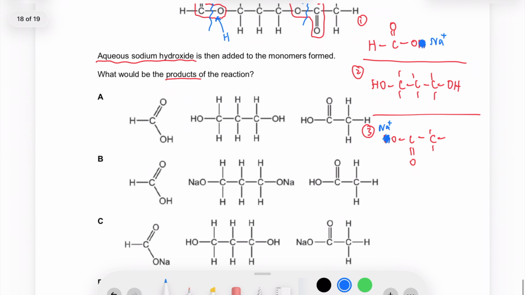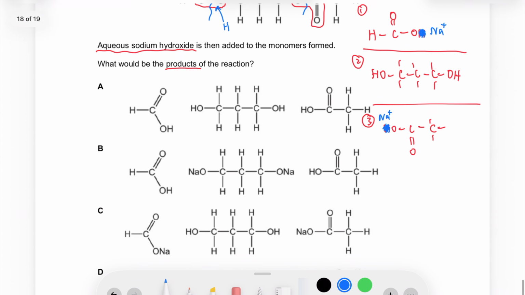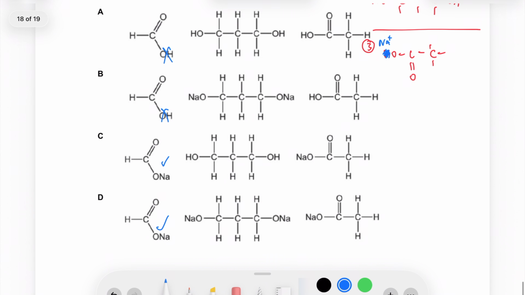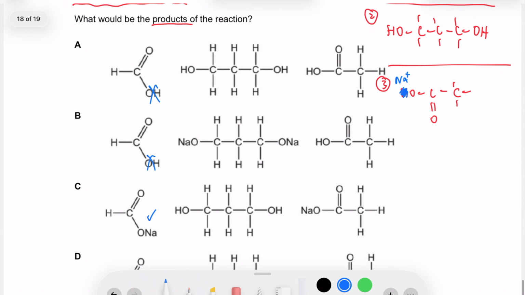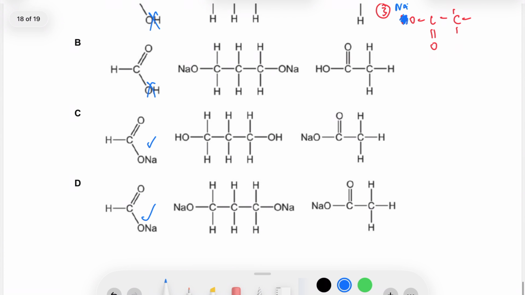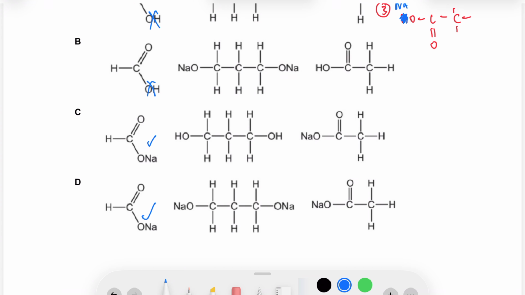So let's look at the possible options. This is wrong, definitely. This looks good. This looks good. Second one, it should be OH. So this is good, this is good, this is wrong, and so the answer will be C.